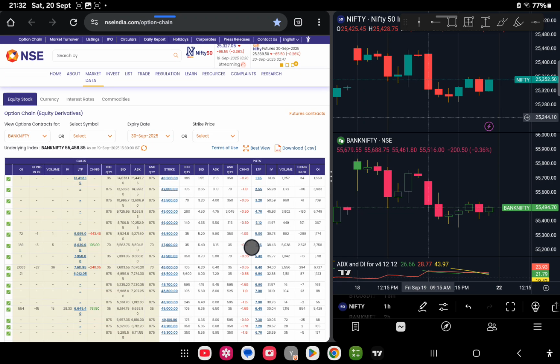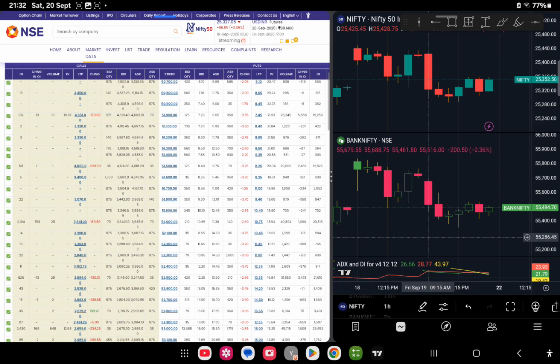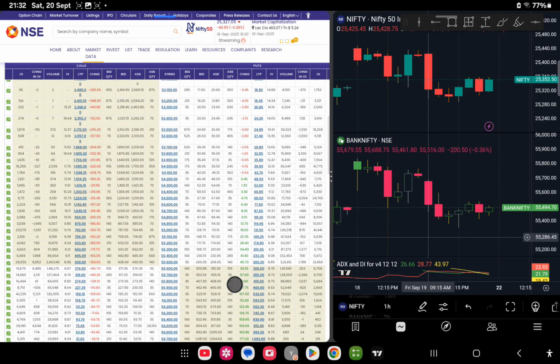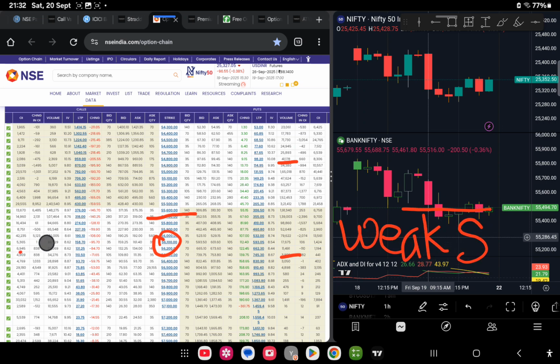So Bank Nifty at its day 19, you could see open is 55,600. So negative because I told you weak support, and positive on the call side because of the very strong resistance.